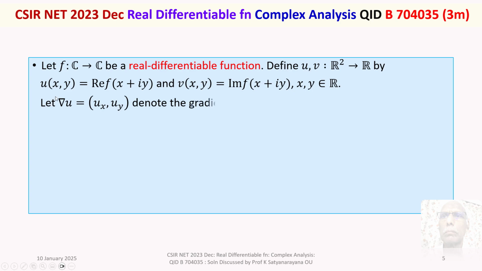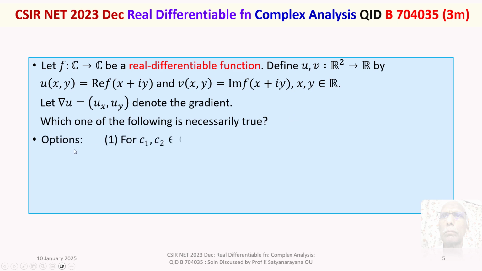Let grad u, or nabla u, equal the ordered pair ux comma uy, denote the gradient. Which one of the following is necessarily true?